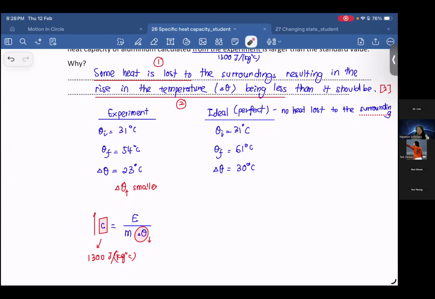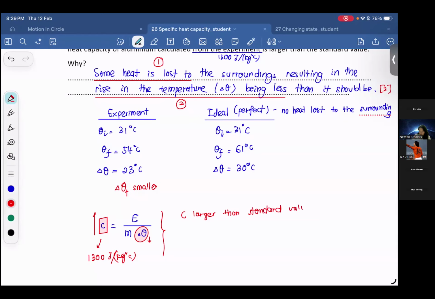20 seconds for you to complete this part. For 2 marks, the first mark is heat loss.